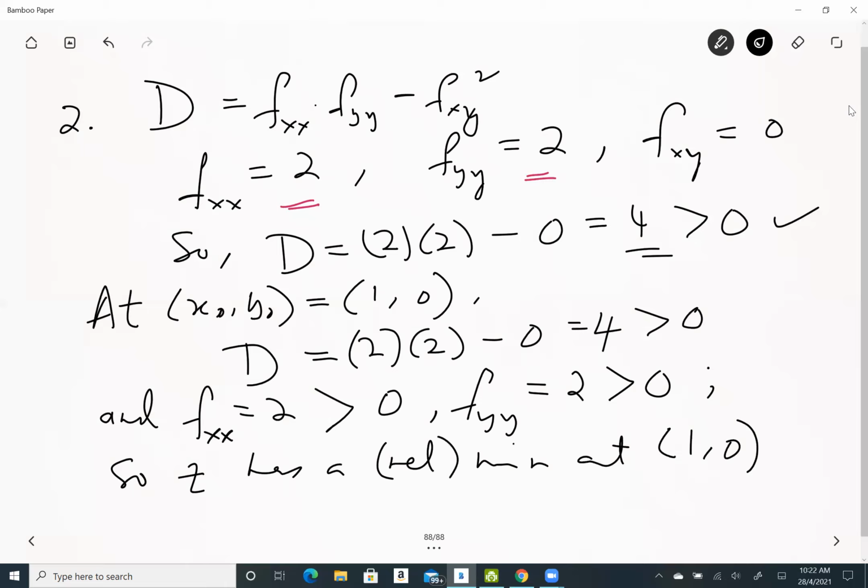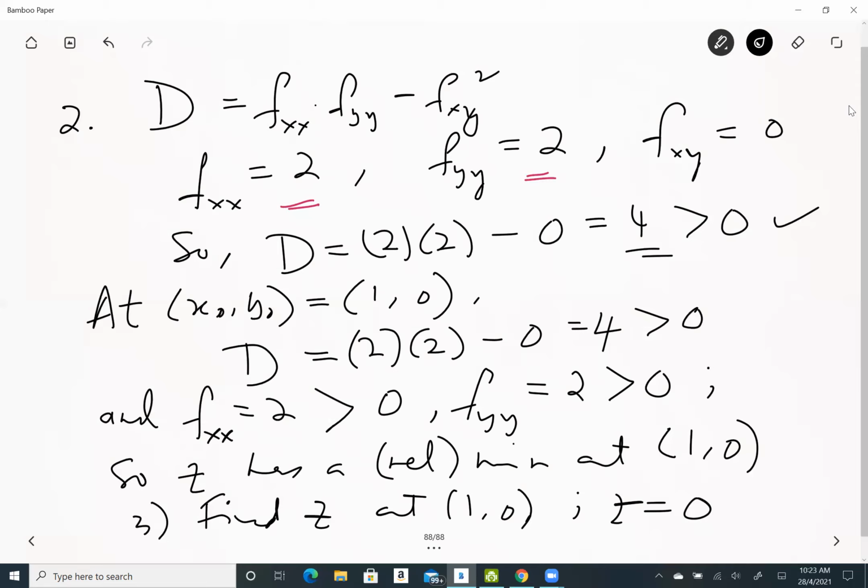And of course, now we can already get the value of the z. So number 3, you find z at 1, 0. So we know that z is equal to 0. So the minimum point is 1, 0, 0. So if you look at the diagram in the figure, in example 1, that's how the curve looks like.